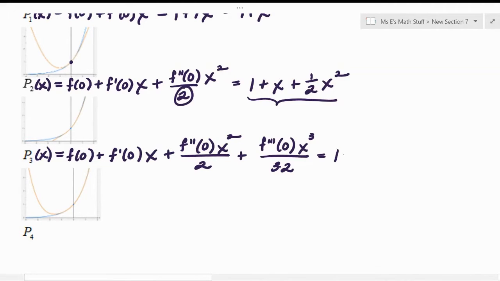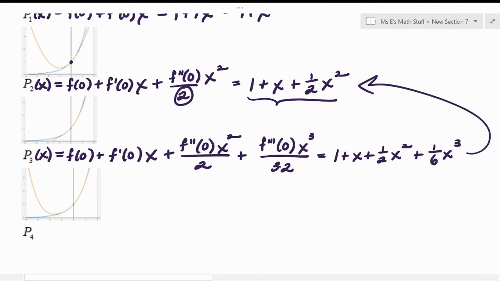So f of 0 is 1. F prime of 0 in this case times x was just x. F double prime of 0 times x squared over 2 was 1/2 x squared. And then this last term here, f triple prime of 0 would still be 1. And so you'd end up with 1 over 6 times x cubed. And so remember that the derivative of this has to be the previous one.